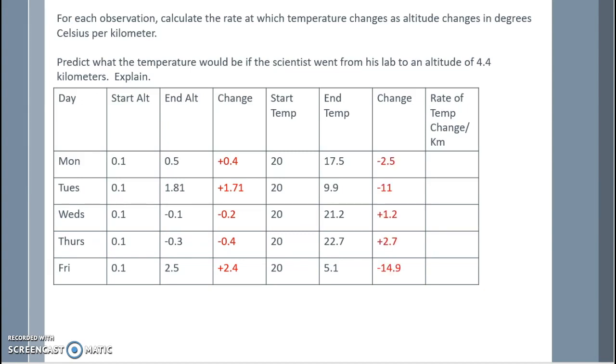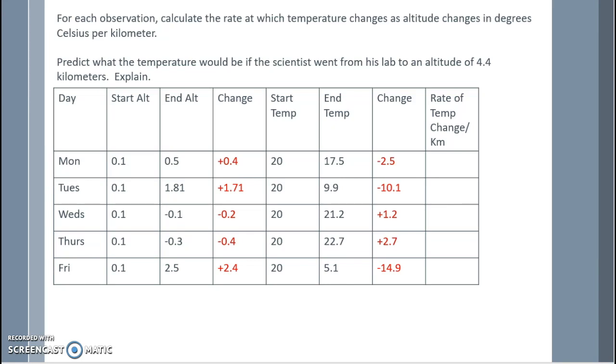So we fell 2.5 degrees, we fell 10.1 degrees, we gained 1 2/10 degrees, we gained 2 7/10 of a degree, and then we fell 14 9/10 of a degree. We then can identify the rate of change per kilometer with division.